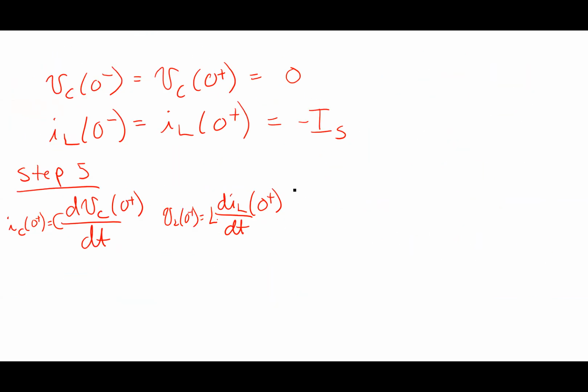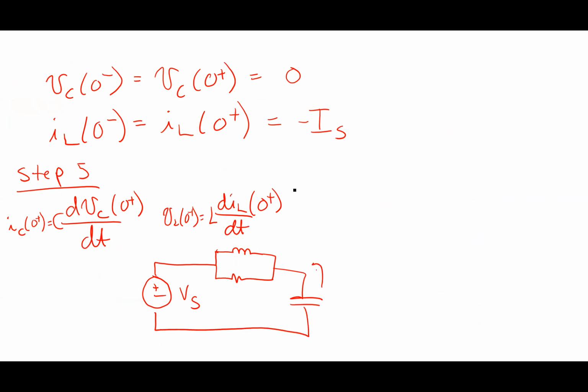Okay. So I have my circuit: V sub S, L, R, and the capacitor. Well, here's IC. And so let's be clear, this is IC of 0 plus. This is VC of 0 plus.